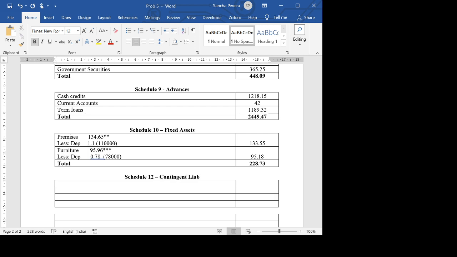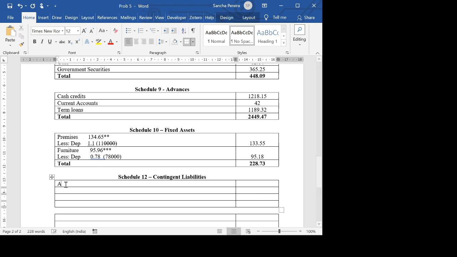Contingent liabilities. These are all in the second and third adjustment. You need to take that. The first item is acceptances and endorsements, which is again 14.